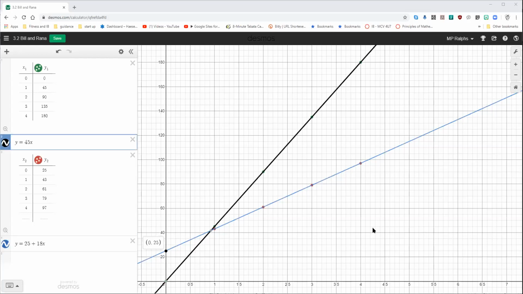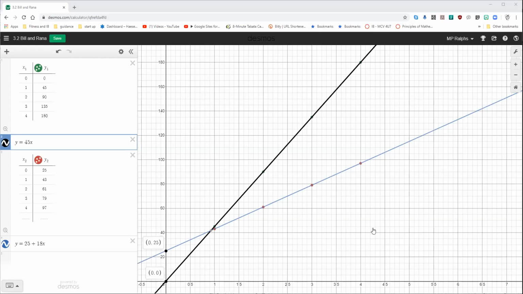If we look at Rana's graph, Rana's graph goes through the origin, okay, and we know that her graph, we looked at this, is direct variation. In the table of values, it's got an ordered pair of 0, 0, and on the graph it goes to the origin. Okay, so the independent variable, 0, the x, the number of hours, matches up with 0 cost.